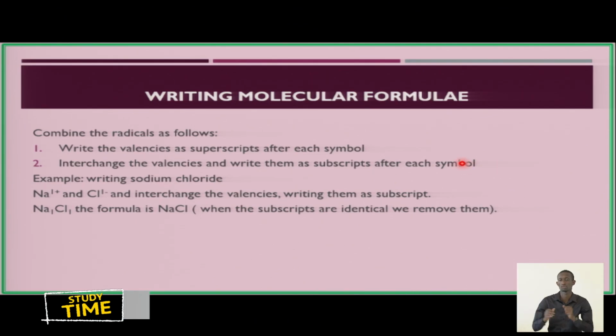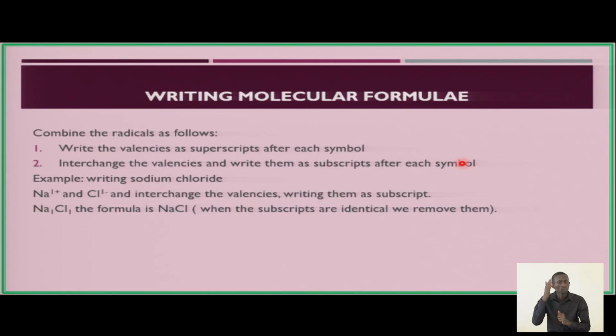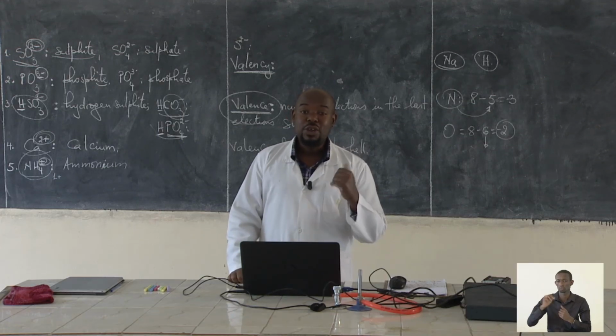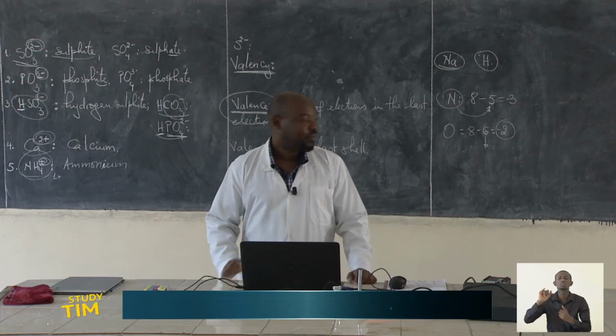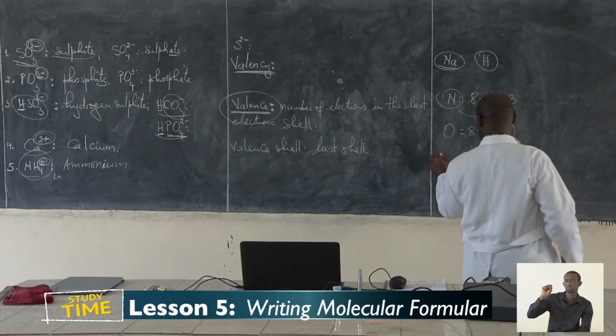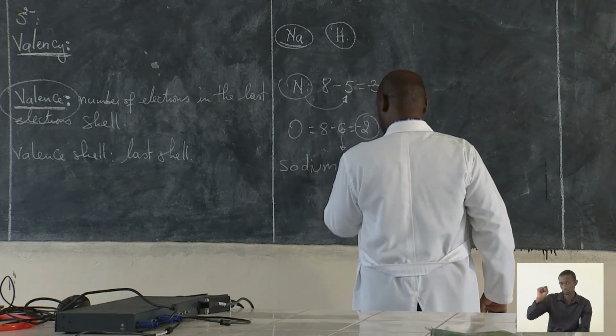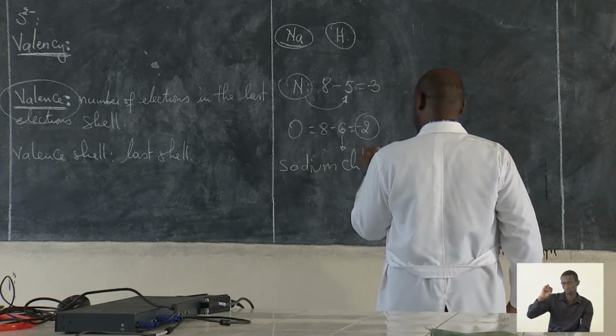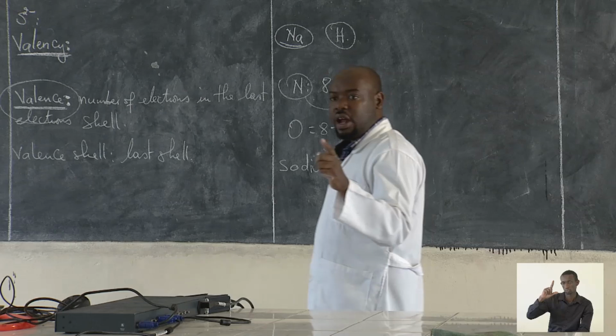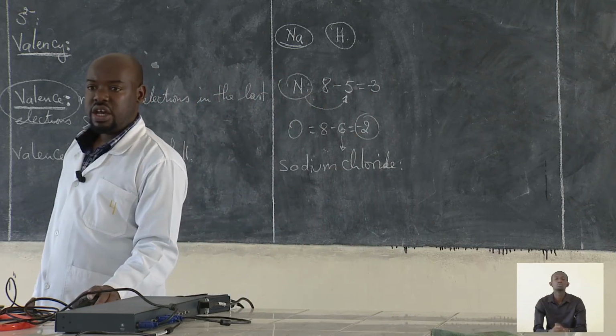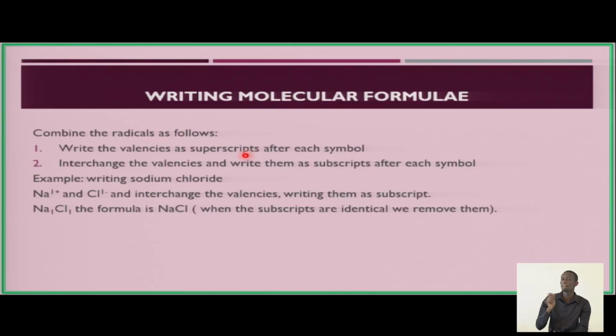Let us have an example. We know the compound we call sodium chloride, the table salt. How do we write the molecular formula of table salt? Here there is sodium chloride, and on point number 1, it is said we write the valences as superscripts after each symbol.